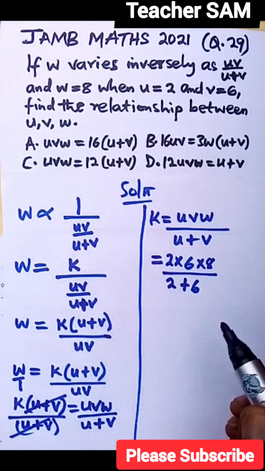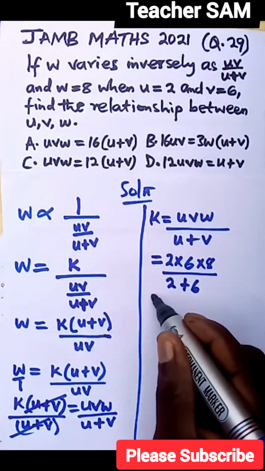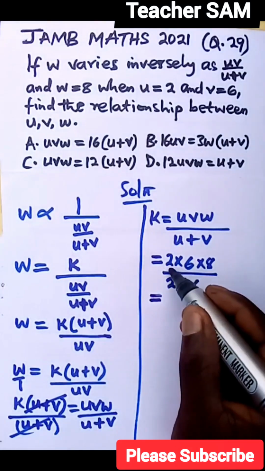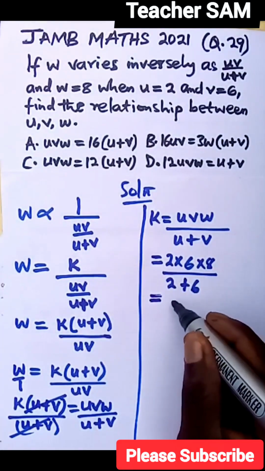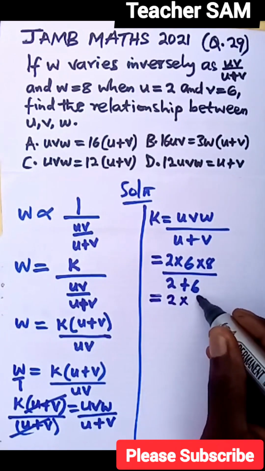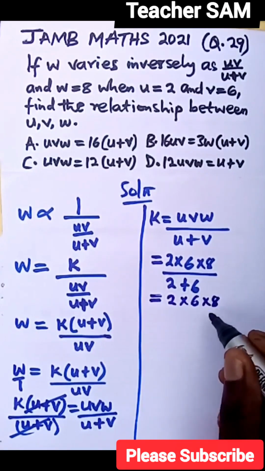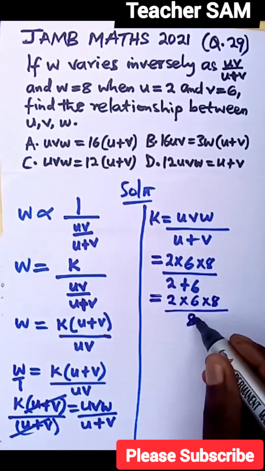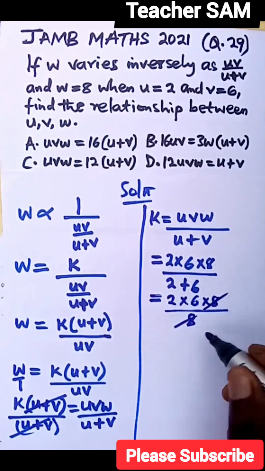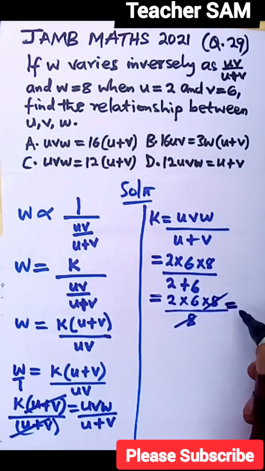So by the time we solve this, we have 2 times 6 times 8. Just to make it fast, 2 plus 6 is 8. So that 8 we divide, that is out. Then we are left with 2 times 6 is 12. So our K is 12.